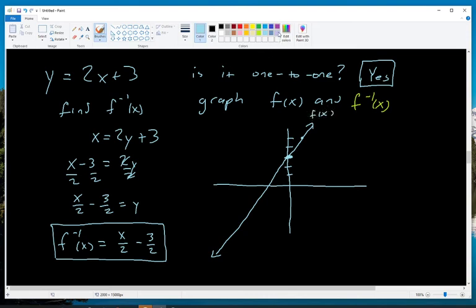When you want to graph the inverse, what you do is you draw in the diagonal line y equals x. And you reflect the original graph about that line.